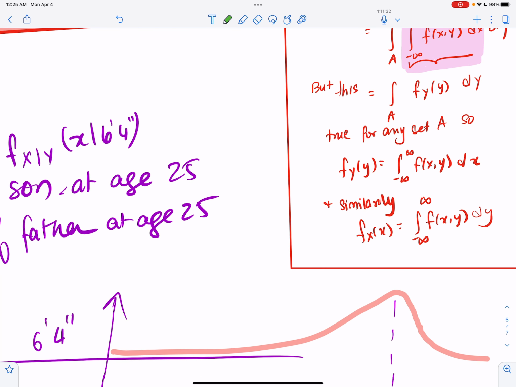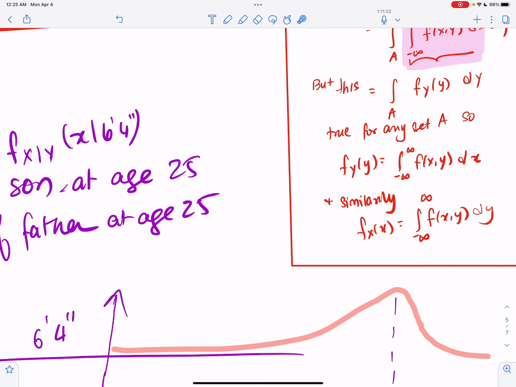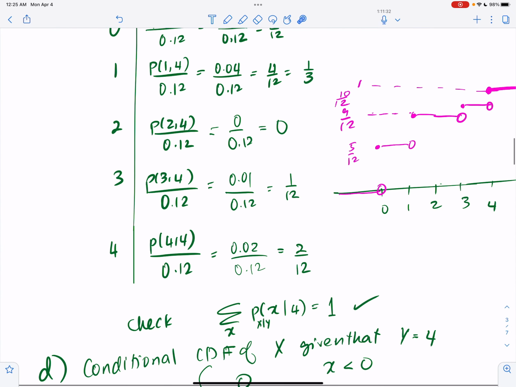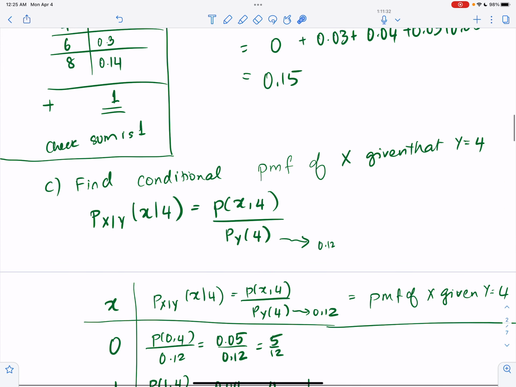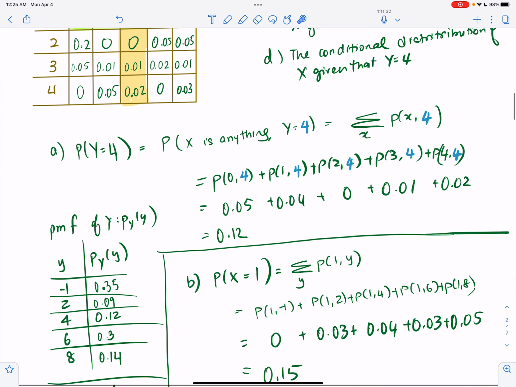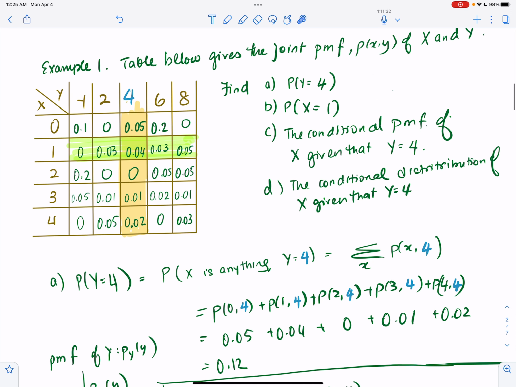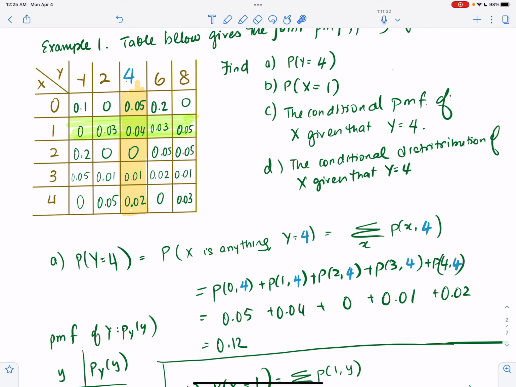Similarly, on the x side, the density of x will be equal to the integral where you integrate out the y. These definitions are analogous to what you had in the discrete case. In the discrete case, how did you get the probability mass function for y? If you fix any y, how did you find the probability Y equals little y? You add it up over all the different values of x.